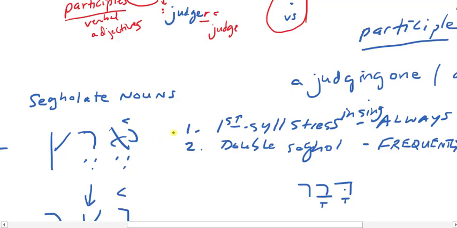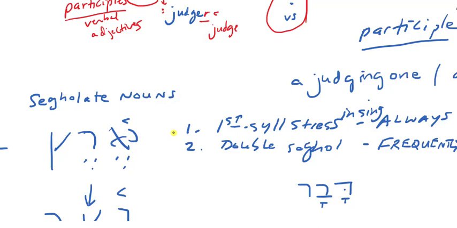Now, let's read your list of Segholate nouns, and I'll just point out that for these two characteristics, we're going to see that this is borne out, okay? So the word eretz is earth or land, right? First syllable stress and double Segol. Look at the second one, we're going down in our column here. Derech. That is the word for way, path, road.